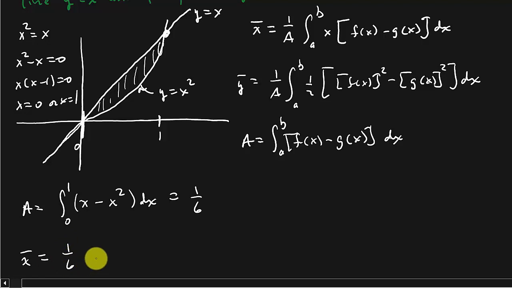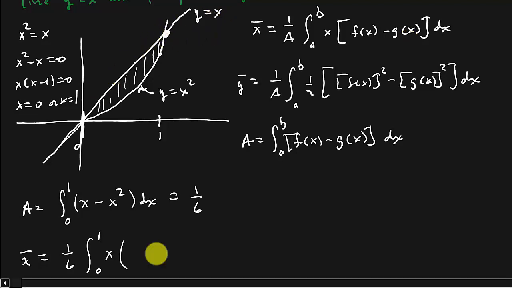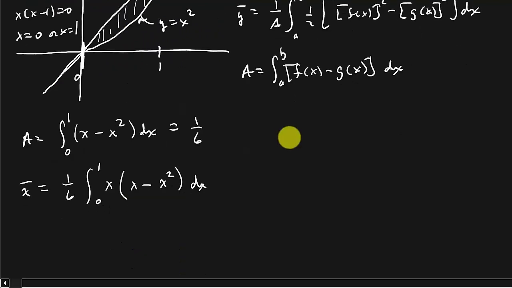So that's 1 over 6 times the integral from 0 to 1 of x times f of x minus g of x. Well, we've got f of x, which is the function on top, that's x, minus g of x, the function on bottom, times dx.